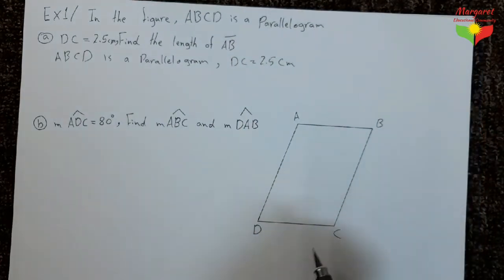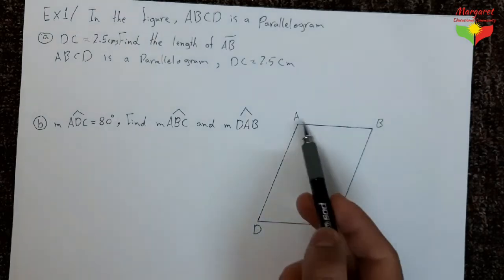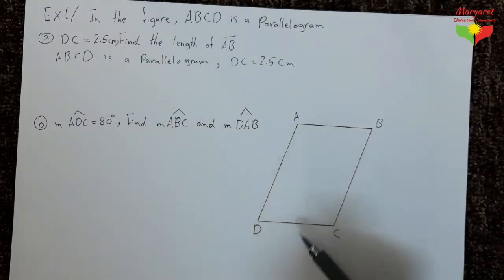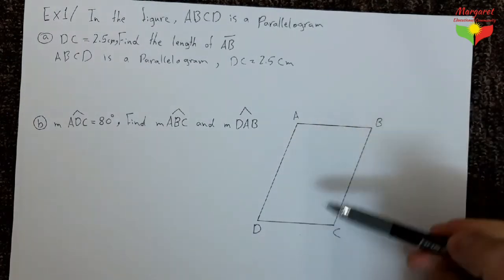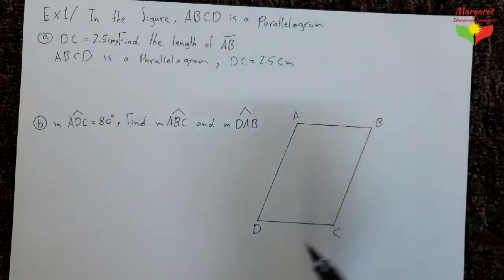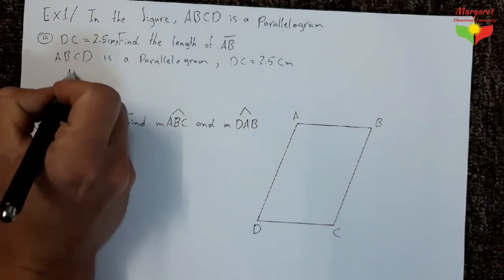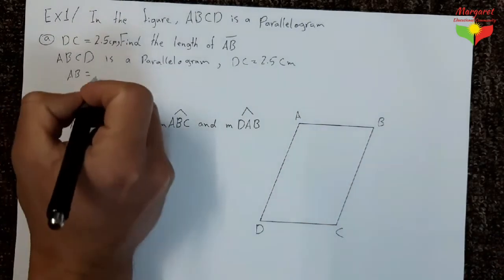In this figure, DC and AB are opposite sides, and from the first property of parallelogram, we say that opposite sides are congruent, so they have the same measure. So AB equal to DC.